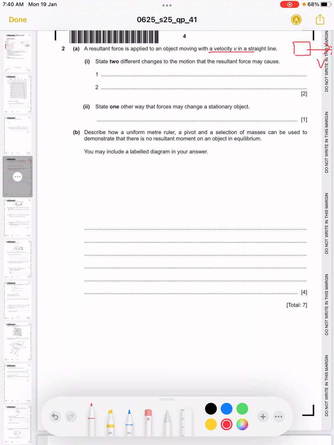We don't know which, but it will change. So we can say magnitude of velocity changes. And the other change: velocity is not only a magnitude, it's a direction also. So direction changes.